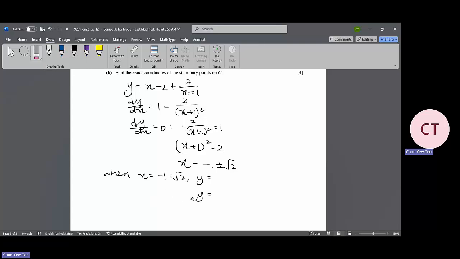The value is not so nice. So we are going to get negative 1 plus root 2 minus 2 plus 2 over root 2. So this will be negative 3 plus 2 root 2. Then when x is negative 1 minus root 2, your y is going to be this.